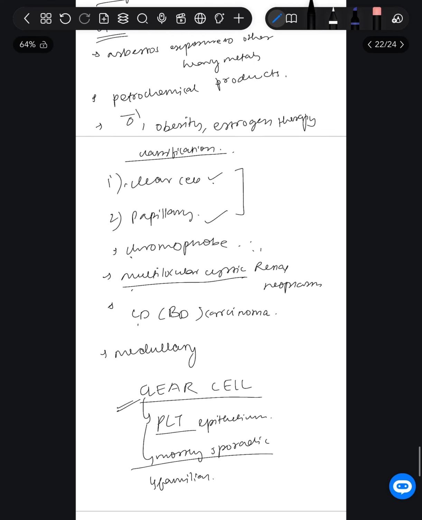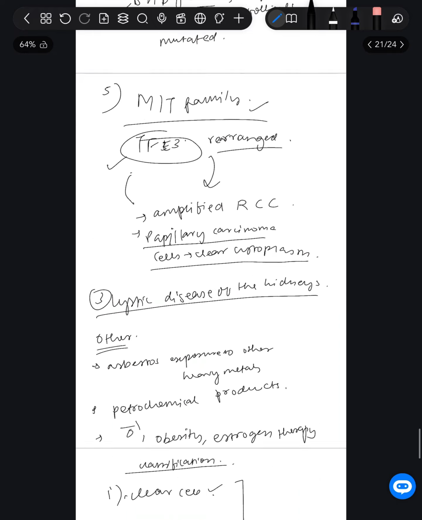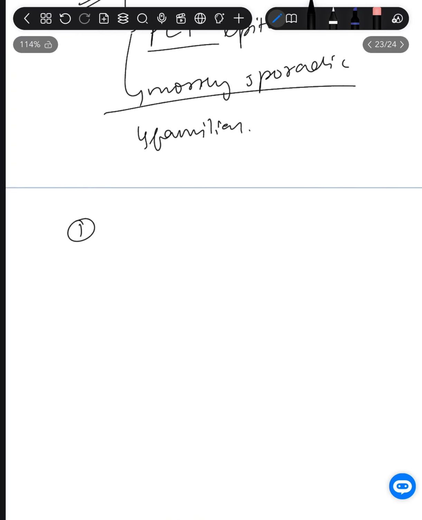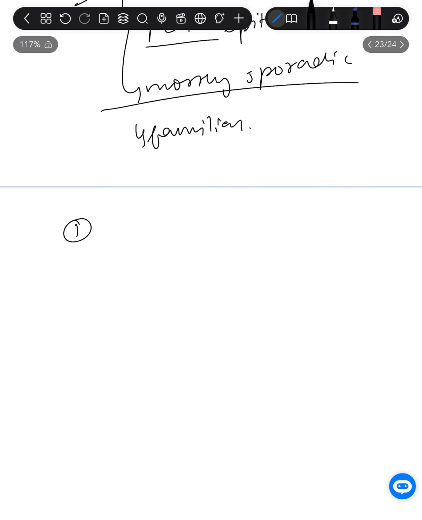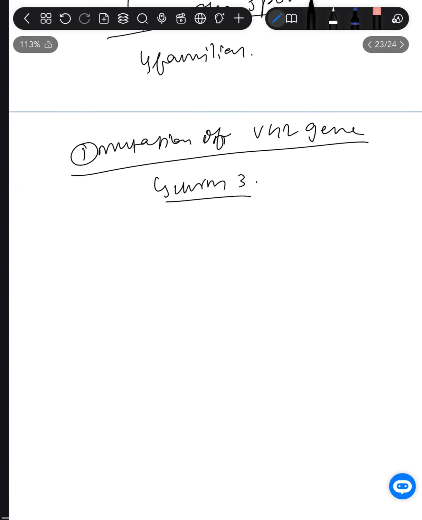As I said, the most important gene which we just studied was the VHL gene, von Hippel-Lindau syndrome and the von Hippel-Lindau gene. There is a mutation of the VHL gene, which is on chromosome number 3. I just told you, right?